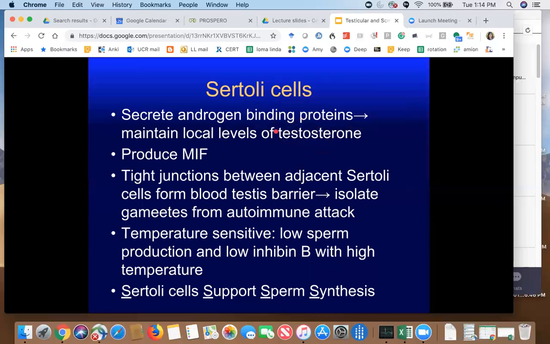So it helps localize the testosterone to a high concentration through this protein. It produces the Mullerian inhibiting factor, which inhibits development of the female organs and structures. And then the tight junctions between the Sertoli cells, they form the blood-testes barrier.